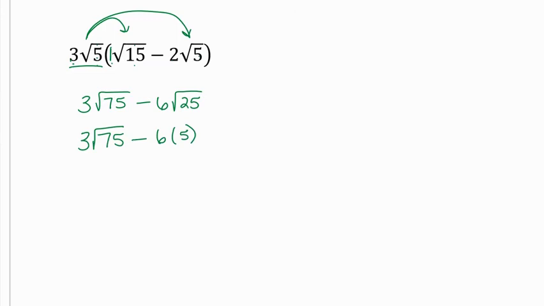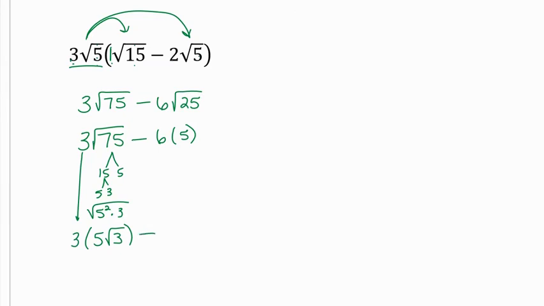And then also I can take this radical 75 and break it down. So we can make that 15 times 5, and that's 5 times 3, which means we've got radical 5 squared times 3. So that is actually 5 radical 3. And then just don't forget we had our 3 out here in front, so it goes out there.